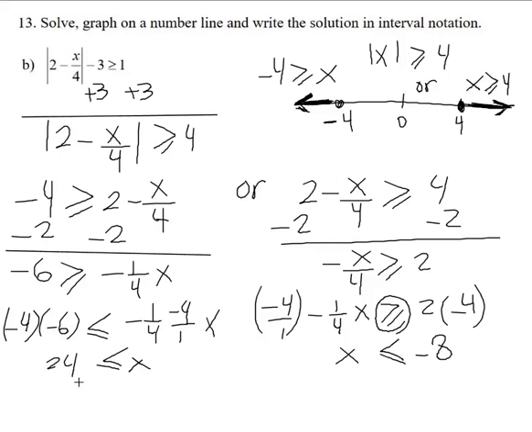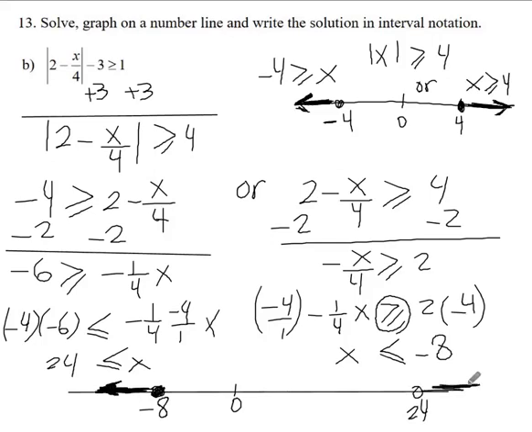So if you look at your number line, you can locate the numbers now. If this is 0, you're going to locate minus 8, so somewhere around here is minus 8, and 24, let's say it's here. All the numbers that are less than minus 8, to the left of minus 8, would be the solution, including minus 8, and all the numbers to the right of 24, including 24, would be the solution.